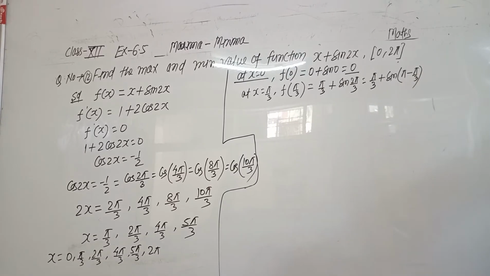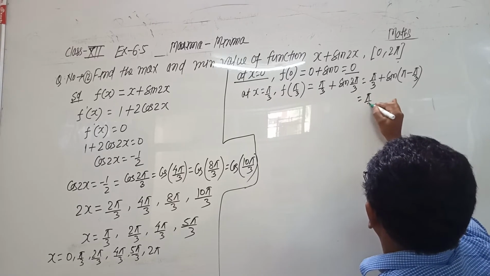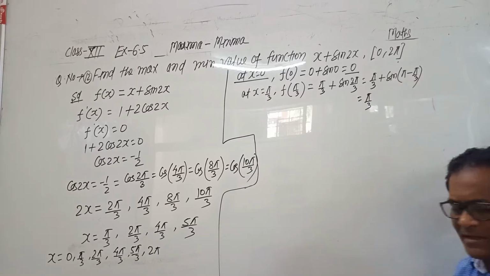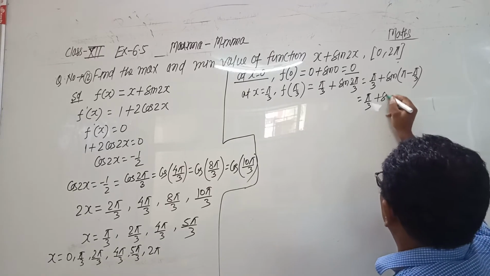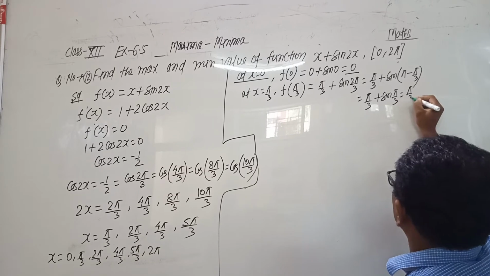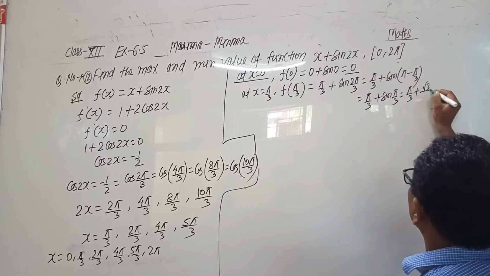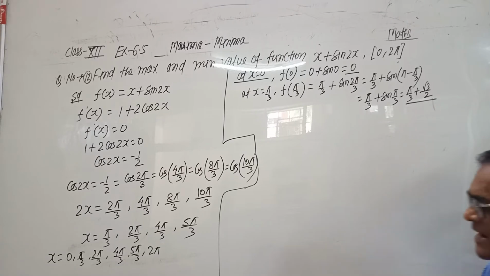Sine 2 pi by 3 is written as sine of pi minus pi by 3, and sine of 180 minus theta in the second quadrant is positive. So it gives sine pi by 3, and the value of sine pi by 3 is root 3 by 2. So the next value we get is pi by 3 plus root 3 by 2.